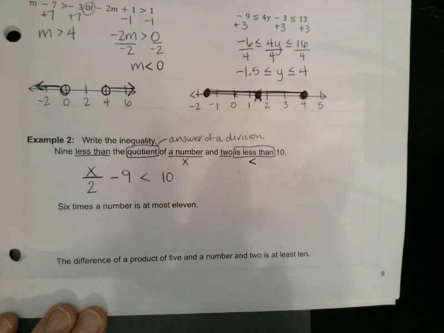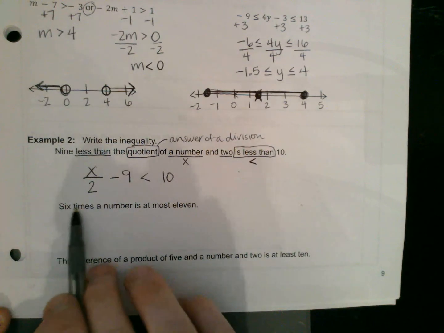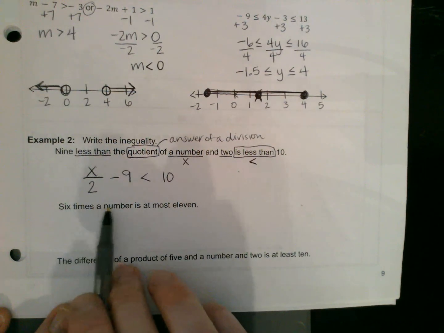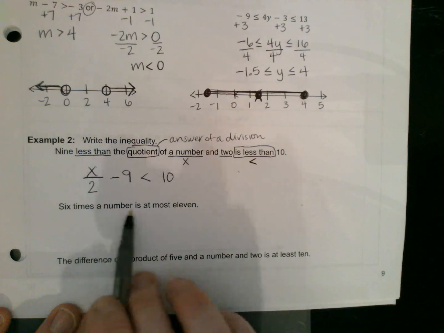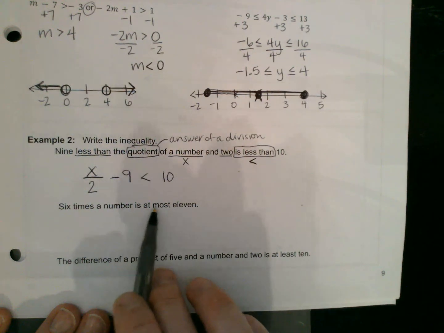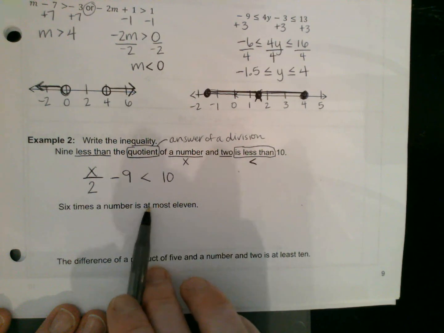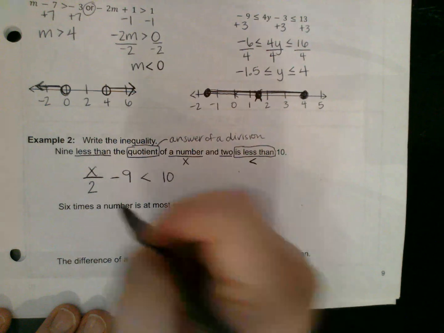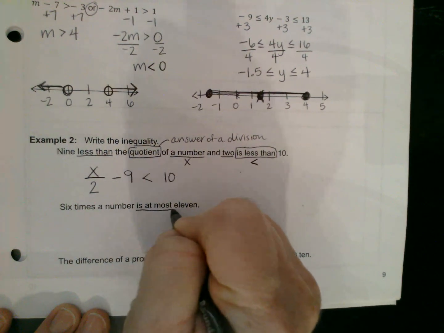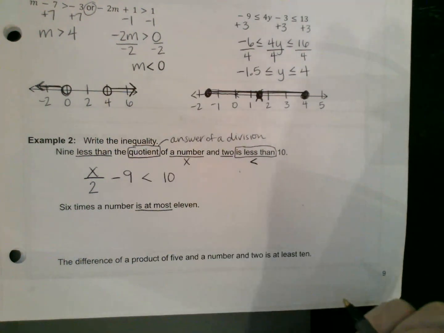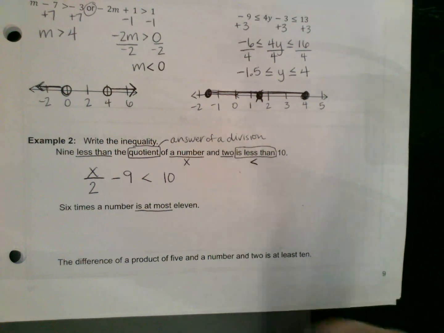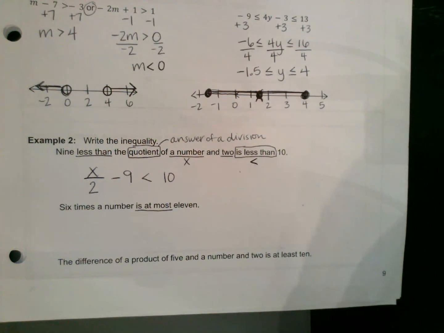All right, let's read through the next one. 6 times means multiply, a number. Remember, a number means we're going to use a variable there, probably x, is at most 11. Is at most. Interesting words here. If something is at most 11, that means that the biggest value it could be is 11.